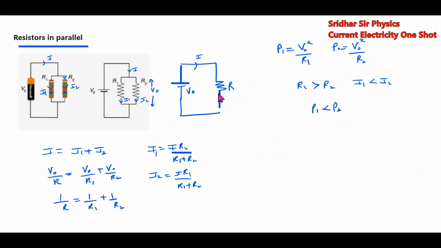The resistor having more resistance will have less power dissipated across it. There is a basic condition for resistors in parallel, and there is the current divider formula. So when two resistors are in parallel, the one having higher resistance will have less power dissipated.